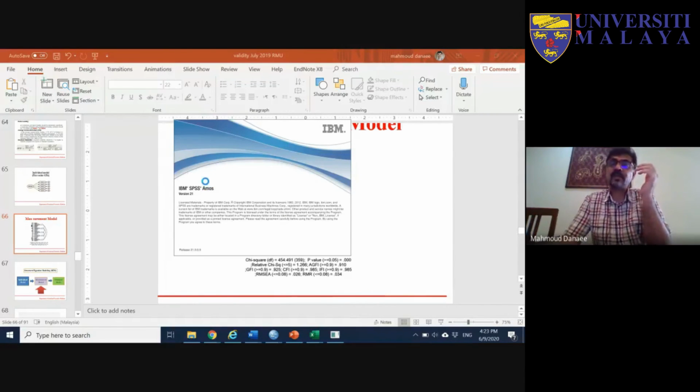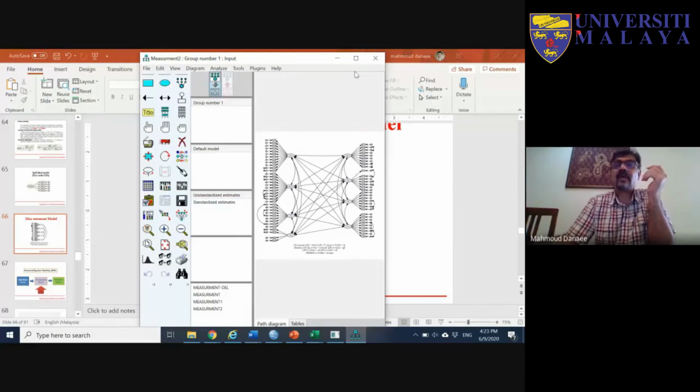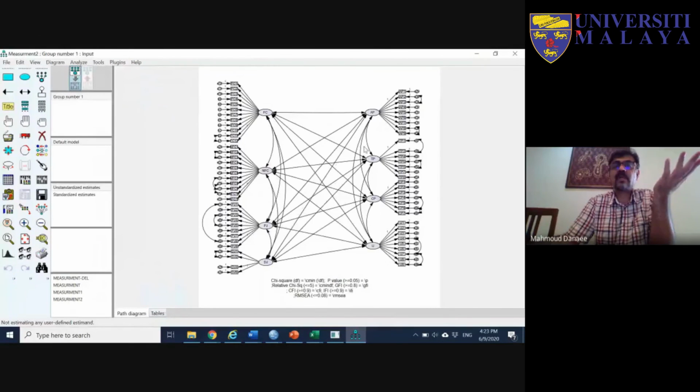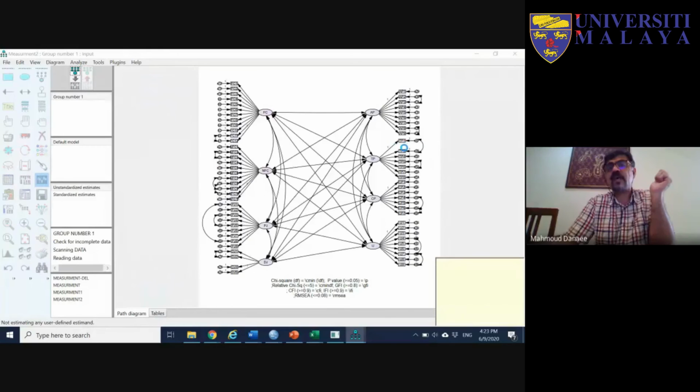And remember, whatever I'm teaching you now is, for example, a measurement model. So look at here, when I run the measurement model, some of the items are correlated, some of the items are missing.